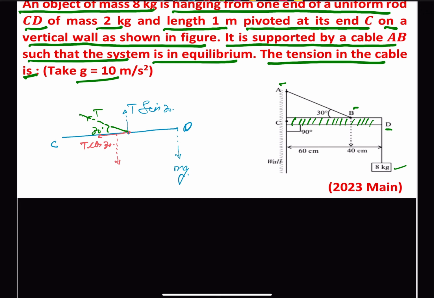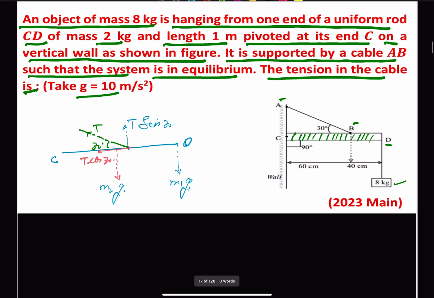Okay, let me write this as m1g, and this will be m2g. And the total length is given to us as 100.